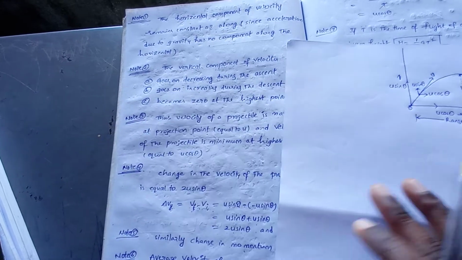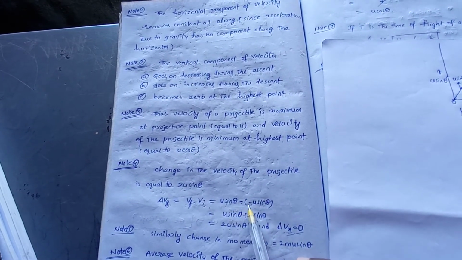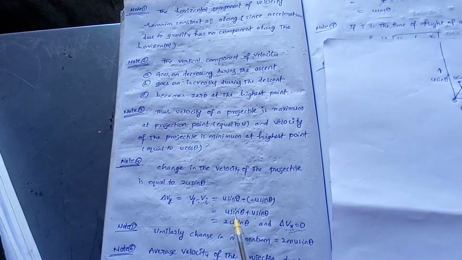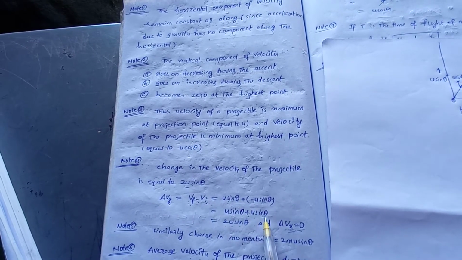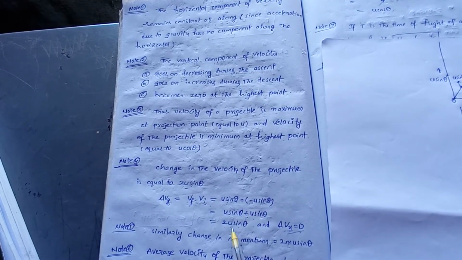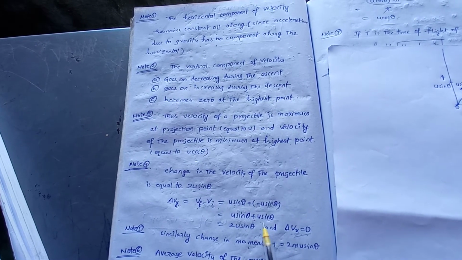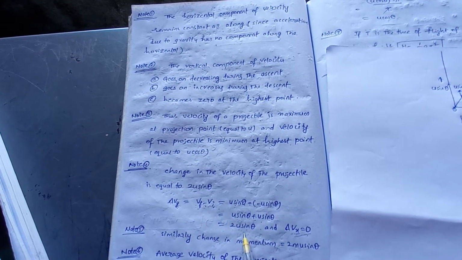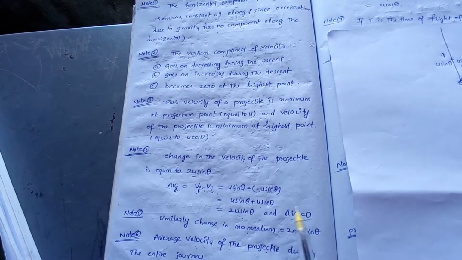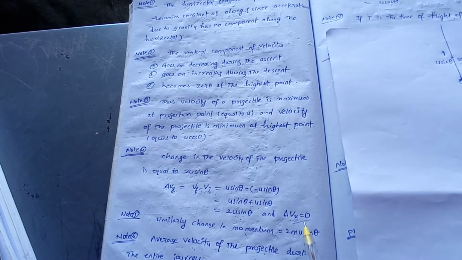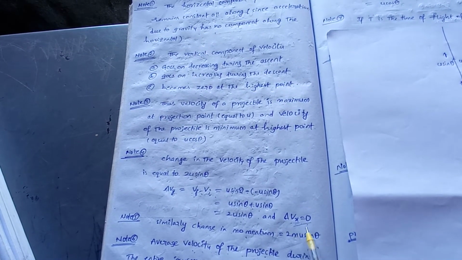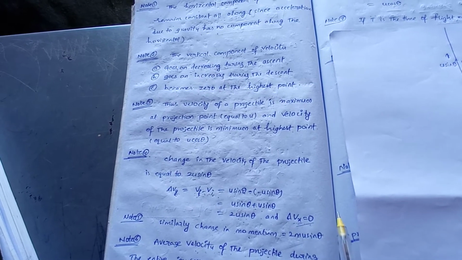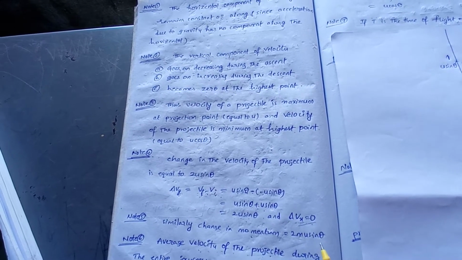That's why I am using negative. So minus u sin theta minus u sin theta gives minus 2u sin theta in magnitude, 2u sin theta. So this is the change in the vertical component of velocity. But what is the change in the horizontal component of velocity? Delta Vx is equal to 0. There is no change in horizontal velocity.